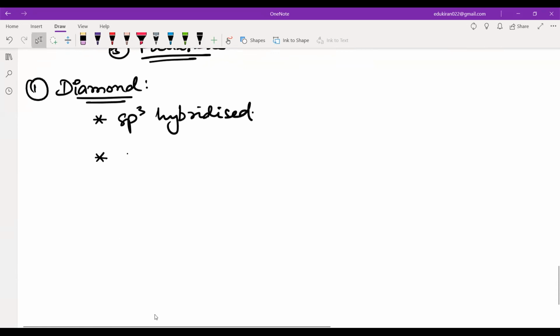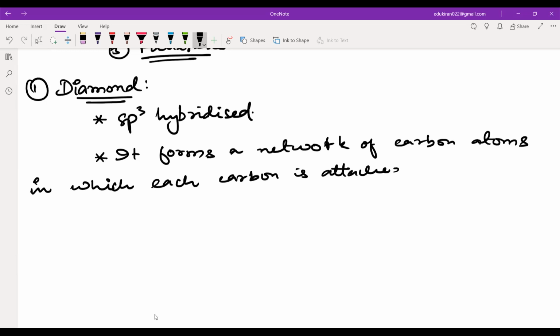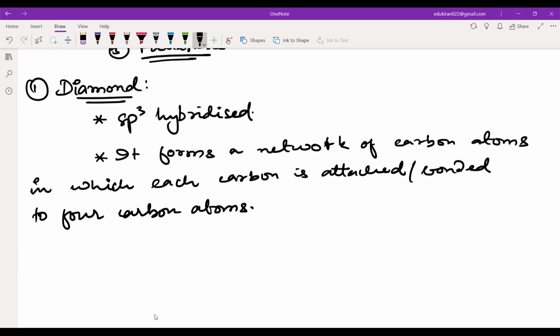So it forms a network of carbon atoms in which each carbon is attached or bonded to 4 carbon atoms.